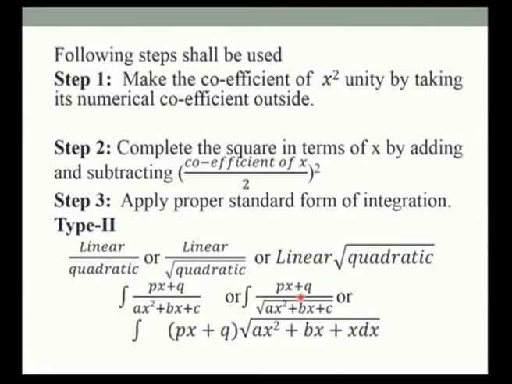Then linear over square root of quadratic, px plus q over square root of ax square plus bx plus c, is an example for the kind linear over square root of quadratic. This is linear into square root of quadratic, px plus q into square root of ax square plus bx plus c dx, is the example for linear into square root of quadratic.